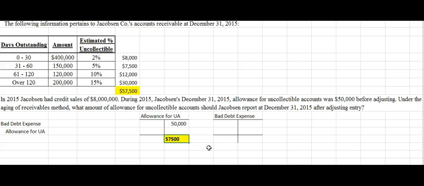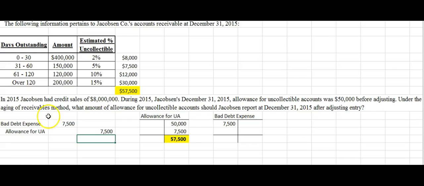But that's not going to be my entry. 57,500 is not my entry. My entry is whatever I need to put here to make this end up at 57,500. And it's quite obvious. I need to plug in 7,500. So that's going to be my bad debt expense. So my bad debt expense, I'm going to put 7,500 and 7,500.